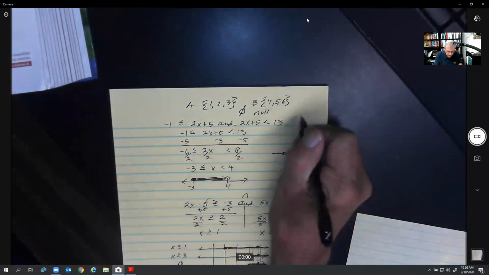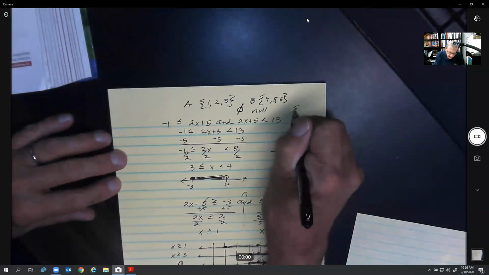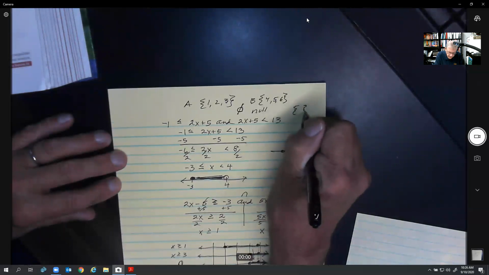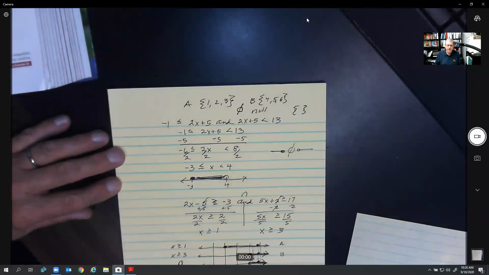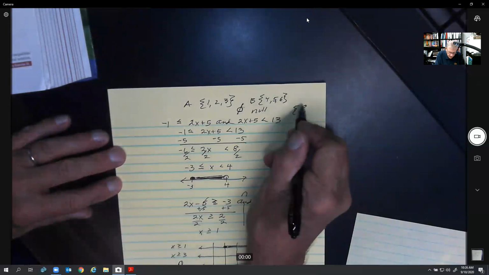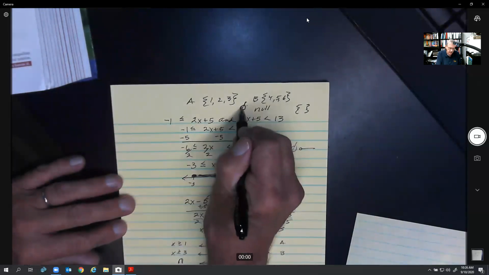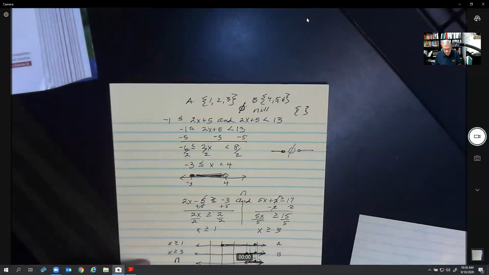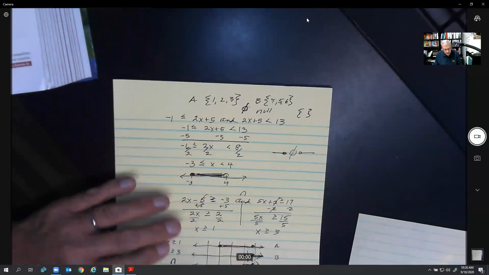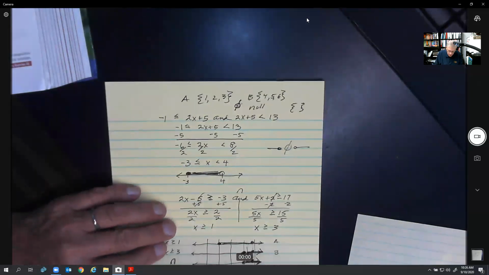Sometimes we also draw a set notation like this, and we put nothing in there. You don't want to put the no set in there because that means you have something. So usually it's easier to draw this symbol. And that means nothing. Not a thing.